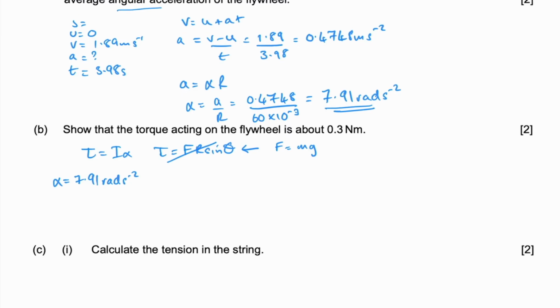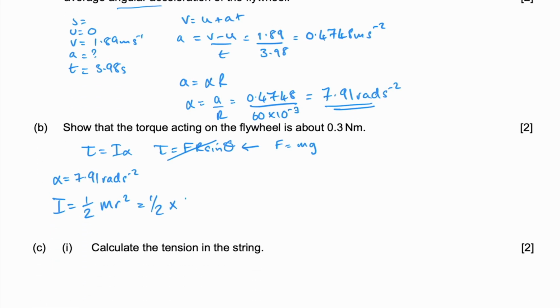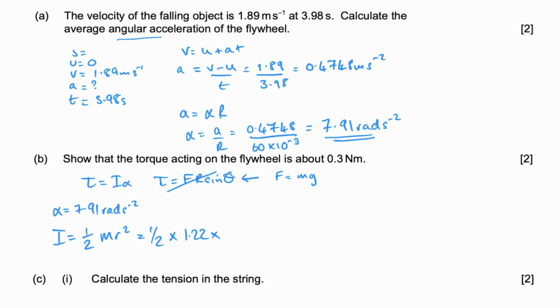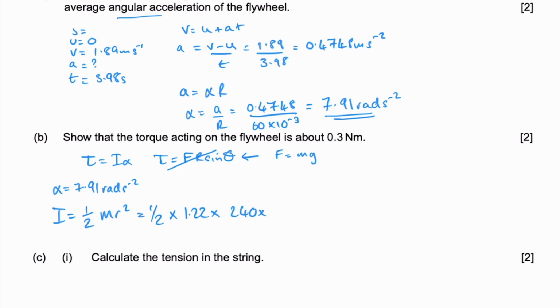And we can find out what I is using the moment of inertia for a disc, which is a half mr squared. So it's a half times the mass of the flywheel, which is 1.22, times the radius squared of the flywheel, which is 240 millimeters squared, which gives us a value of 0.0351 kilograms meters squared.